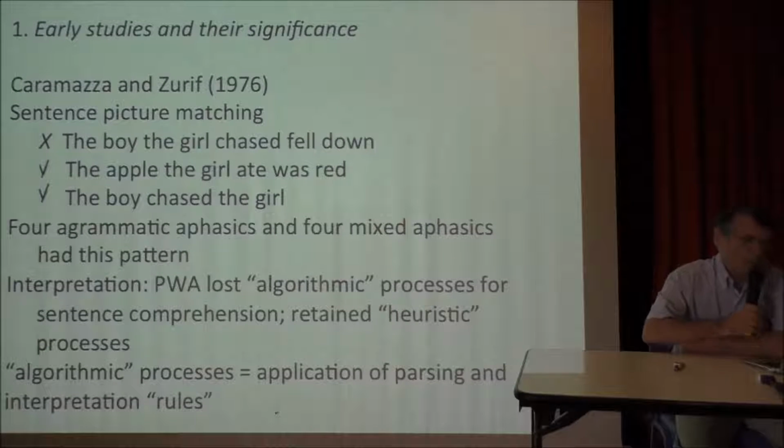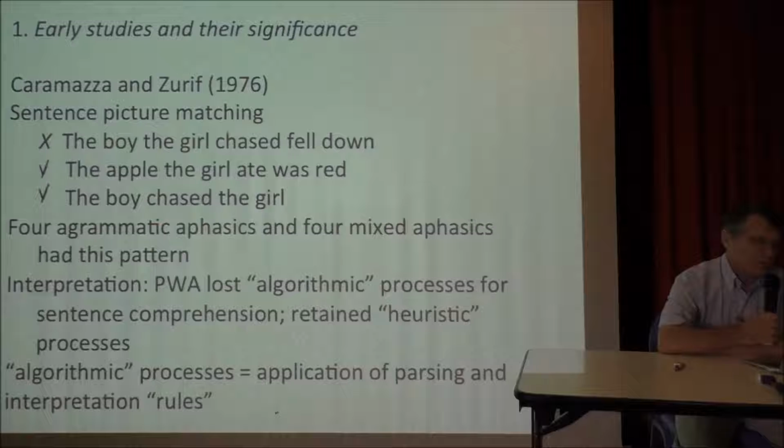And what they said was that these patients had lost what they called algorithmic processes for understanding a sentence, which were required in the first sentence on that list. But they retained what they called heuristic processes.